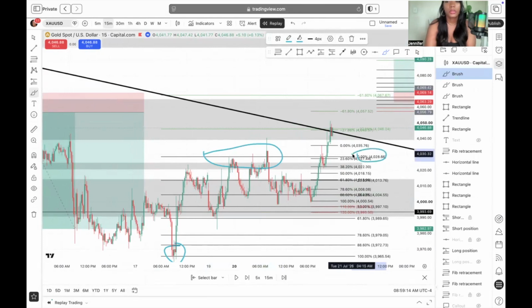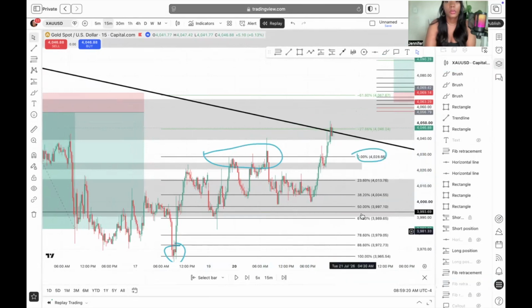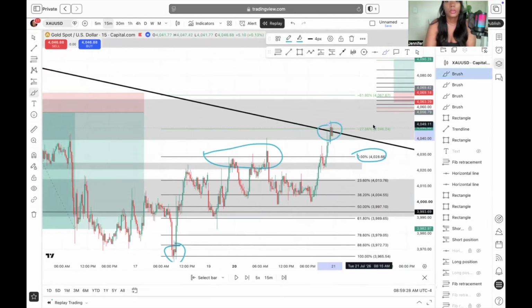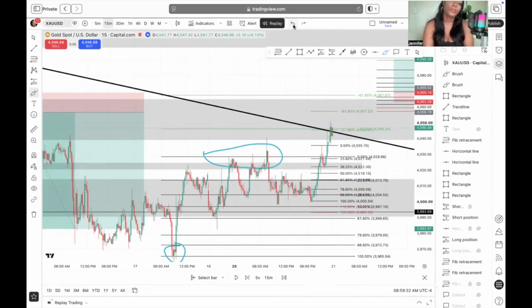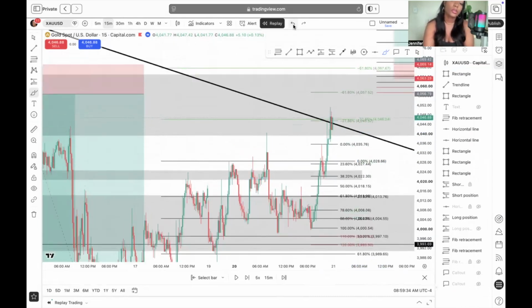It's hard to see it because this is in the way. Okay, see it? Point B. And then your TP. Okay. All right, cool. That was the first trade I took.